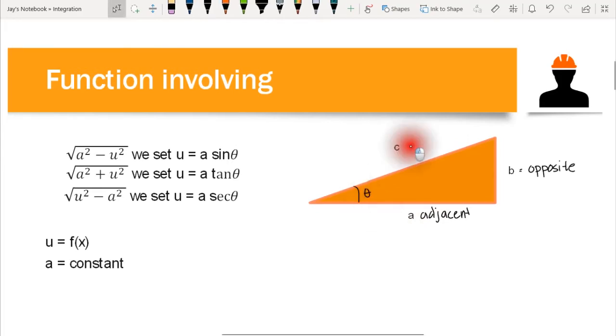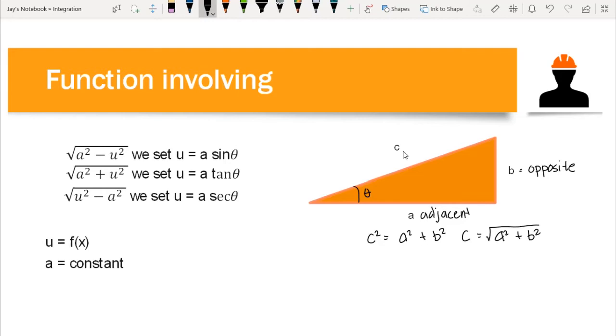So if we want to determine the side C, we apply the Pythagorean theorem, that is C squared is equal to A squared plus B squared, or C is equal to the square root of A squared plus B squared. If you remember your trigonometry, to determine the length of the adjacent, that is the hypotenuse squared minus the opposite squared, or A is equal to the square root of C squared minus B squared.